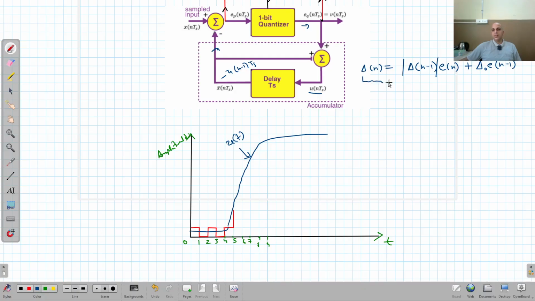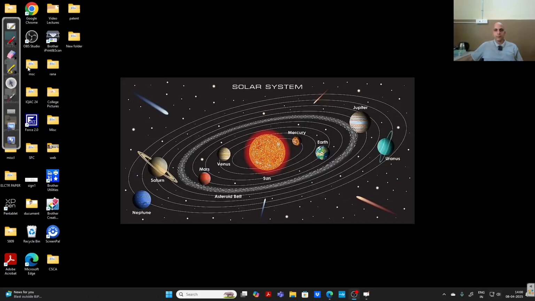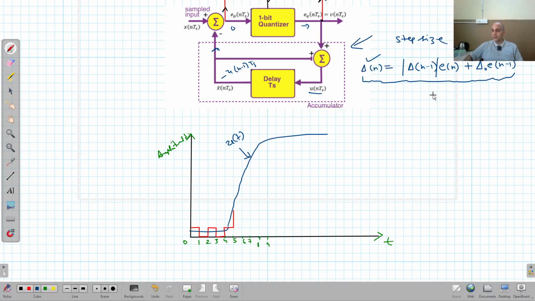So this is the mathematical expression for the step size at any time n for this circuit. Now you have to remember: delta n is at the given time, n minus 1 is the previous step. What is e n? e n is the error signal that is appearing here. So I have written here the expression for the step size.